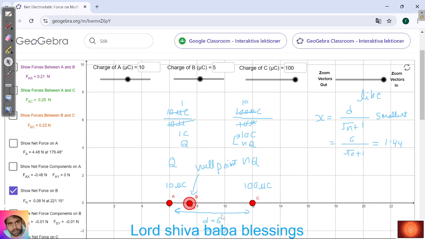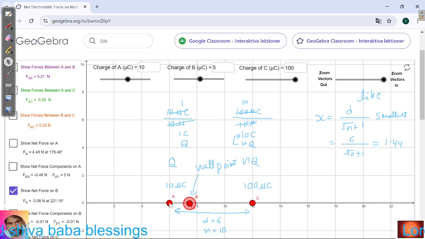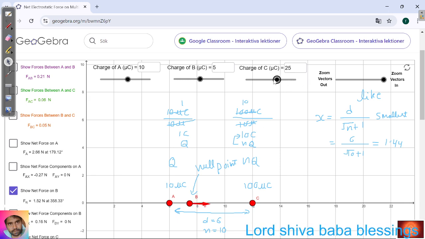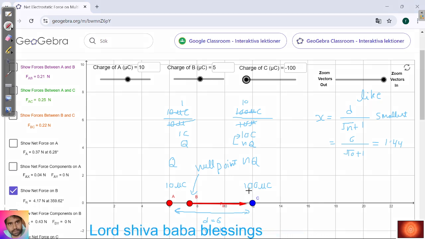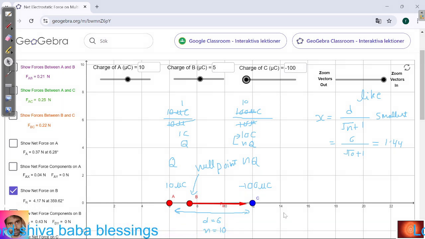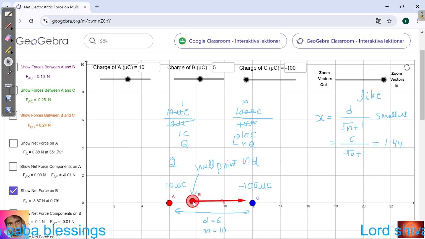Okay. Now let us consider the other case. Let us consider unlike charges, that is, one charge is positive and the other charge is negative. Let me consider the point charge C as negative. Look over here, I made this as minus 100. The moment I make it minus 100, the null point will never exist between the 2 point charges.